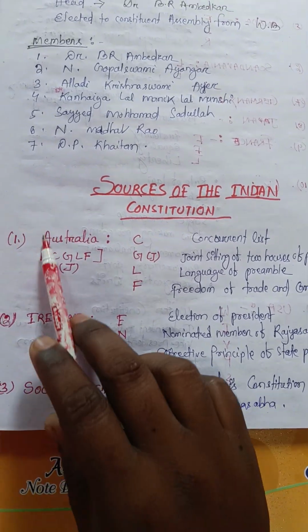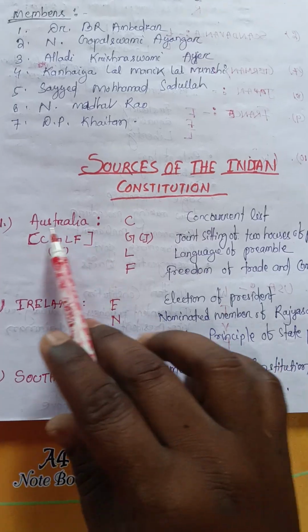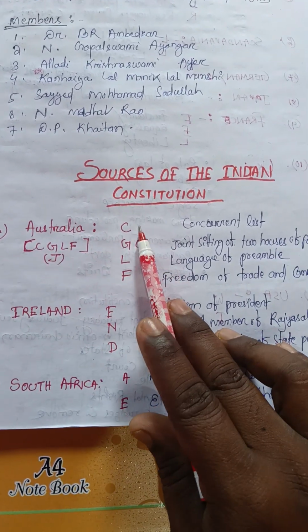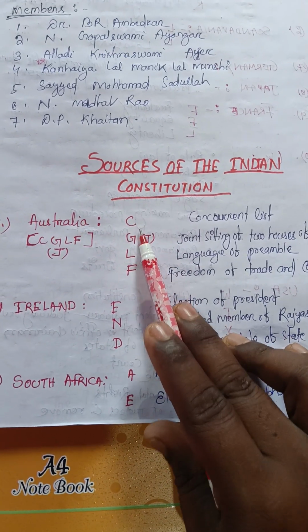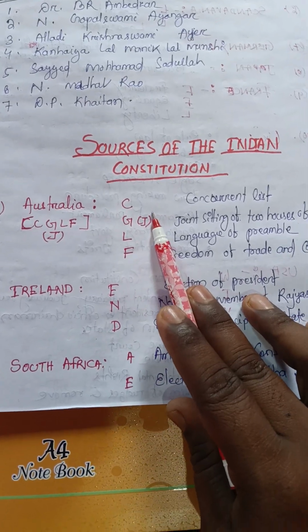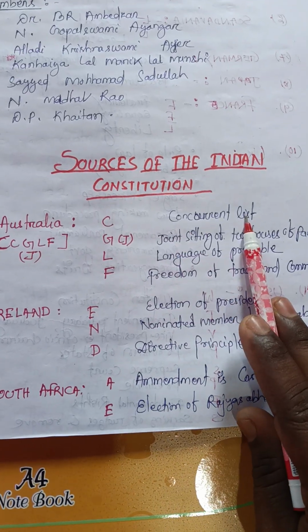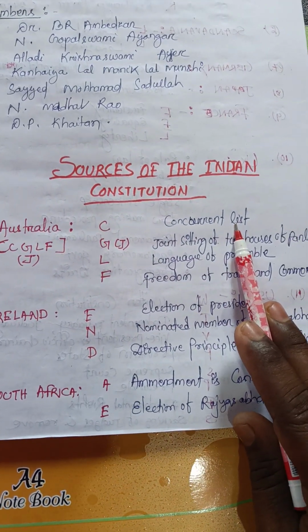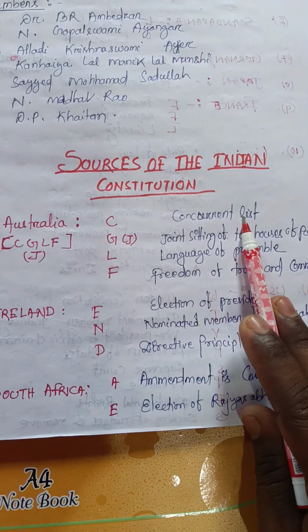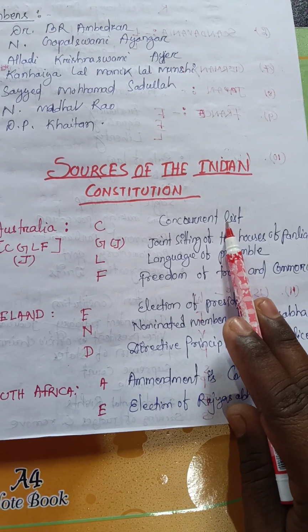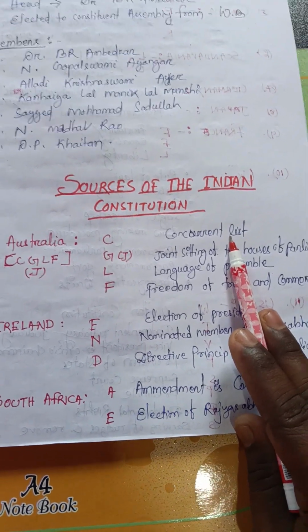First, I will discuss Australia. From Australia we have borrowed CGLFJ, and C means the concurrent list. As we know, in the 7th schedule of our constitution, it was stated that there are three lists: the union list, the state list, and the concurrent list.